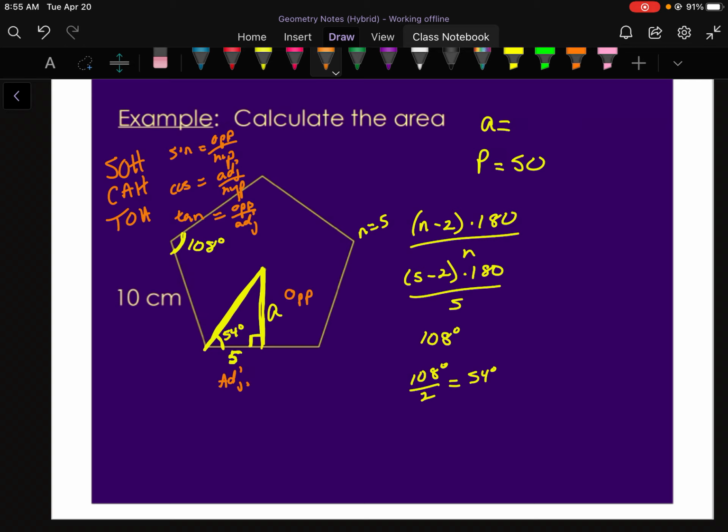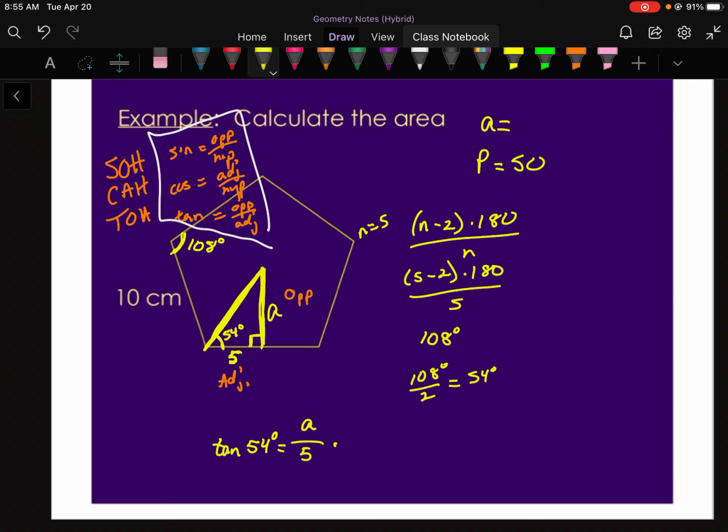So this is going to be the key here to a lot of these types of problems. SOHCAHTOA. And tangent, you will see, relates the opposite and adjacent sides. So that is our trig function of choice. And all of this, again, is to find the apothem, because I need that times the perimeter times 1/2 in order to find the area. So you can see how these are going to get very complicated. So to set this up, we'll take tangent of our angle, 54 degrees, equals the opposite side over the adjacent side.